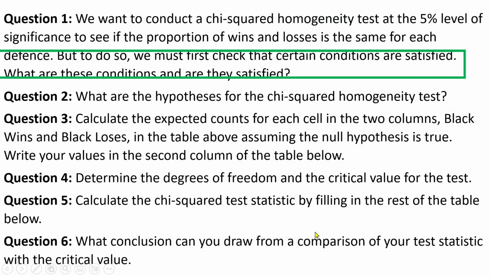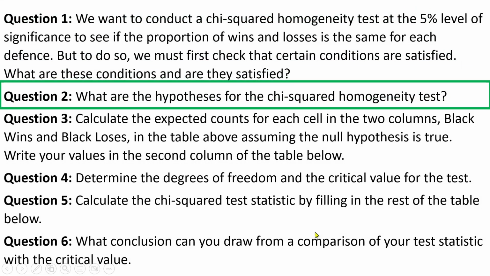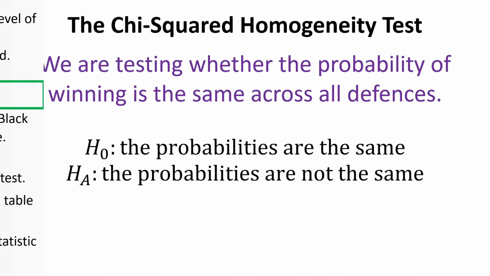Right, so next question. What are the hypotheses for this chi-squared homogeneity test? Well, in the chi-squared homogeneity test, we are testing whether the probability of winning is the same across all defenses.